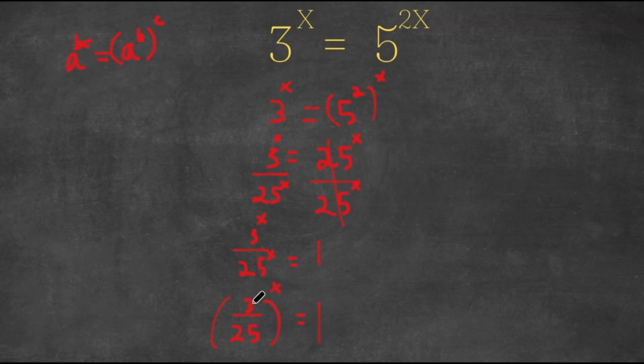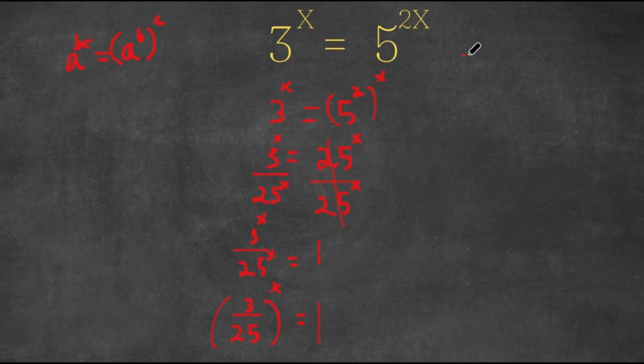Because the x just multiplies with all our numbers here. So this is equal to this. And now what we want to do is make our bases the same. Another way to write 1 is 3 over 25 to the power of 0. And that way, both our bases would be the same.